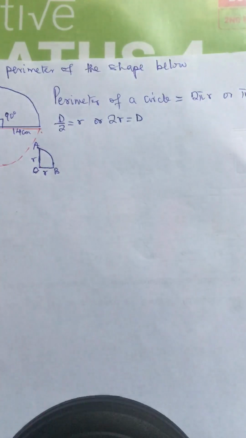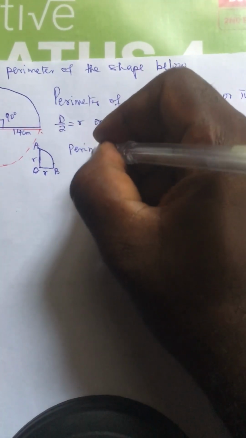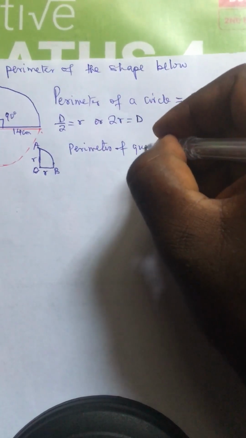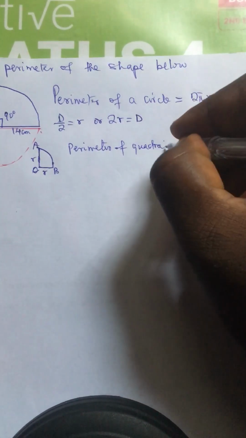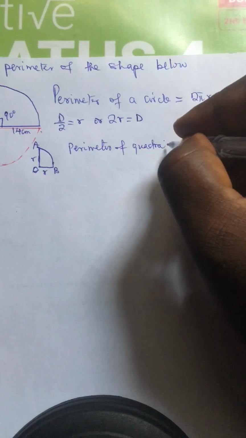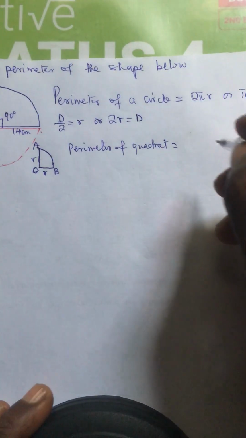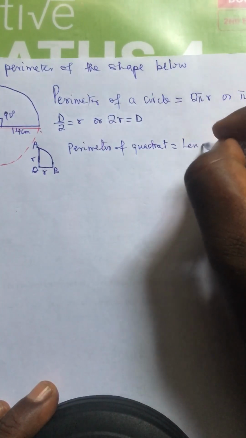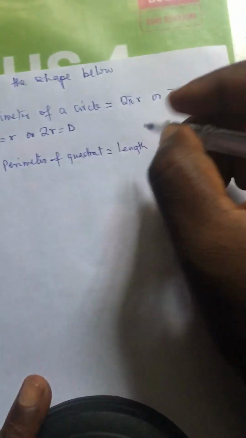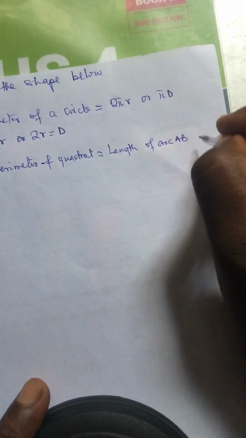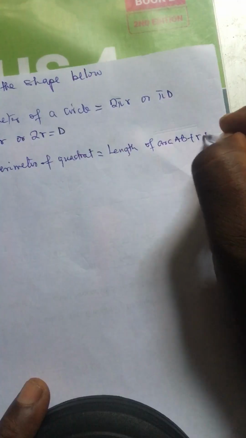If I'm looking for the perimeter of this shape, it's going to be equal to the length of arc AB plus radius.